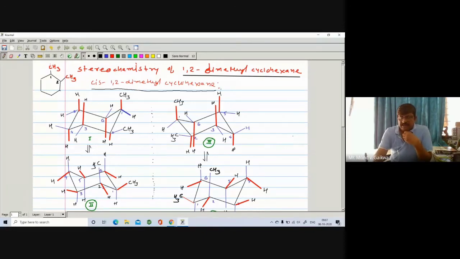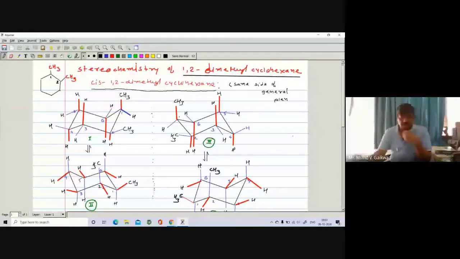So in cis, the two groups are on the same side of the general plane. So it exhibits cis and trans isomerism.